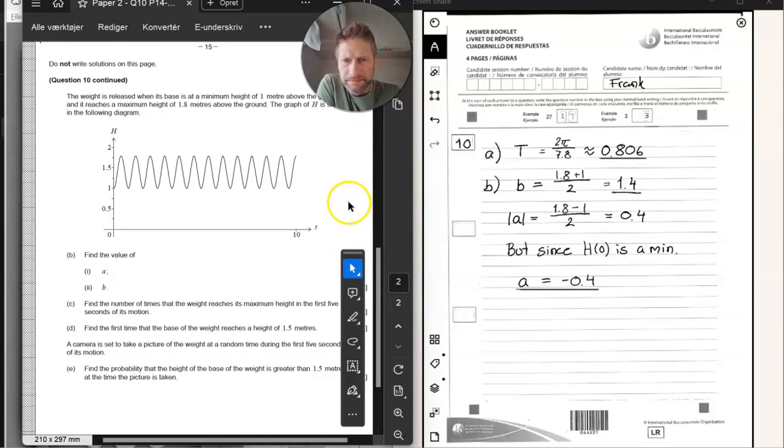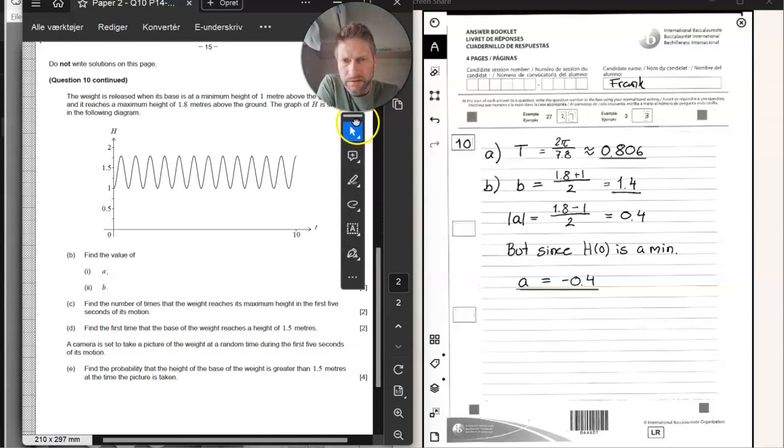Question C, let's move this up here. Question C asks us to find the number of times that the weight reaches the maximum height in the first 5 seconds of motion. And what you can think there is that you just start by calculating how many periods we go through in the first 5 seconds.